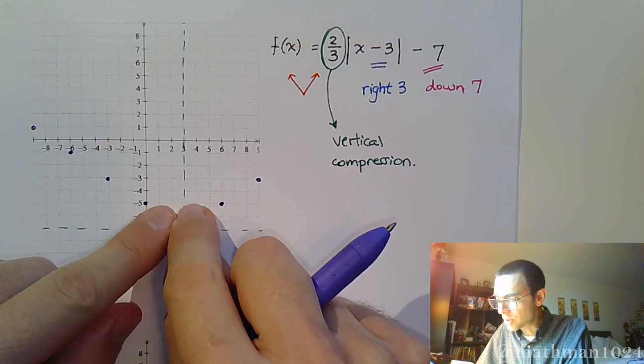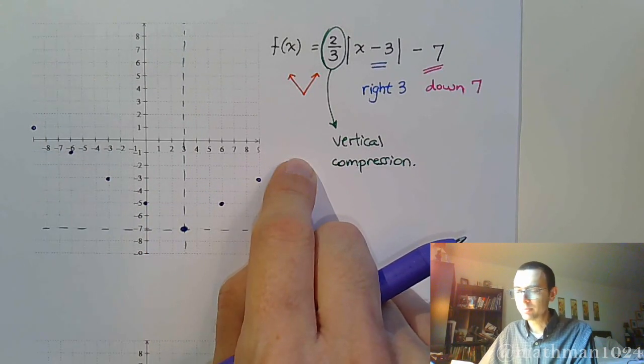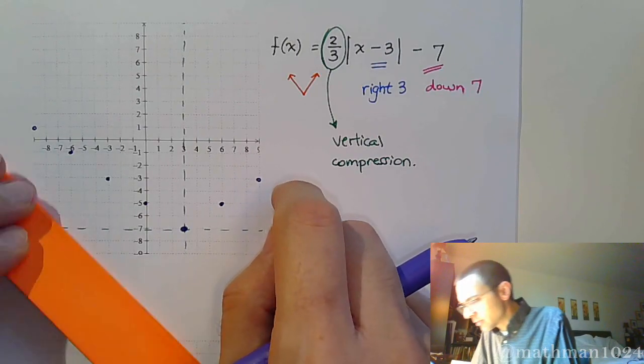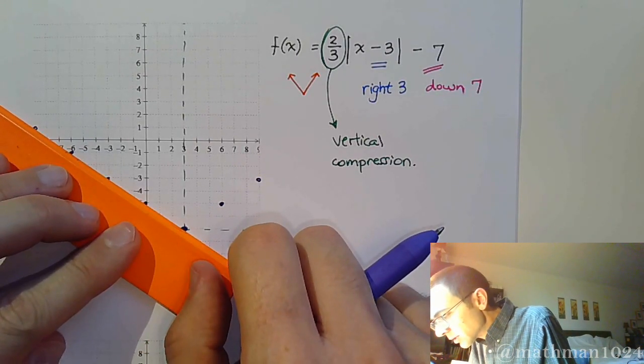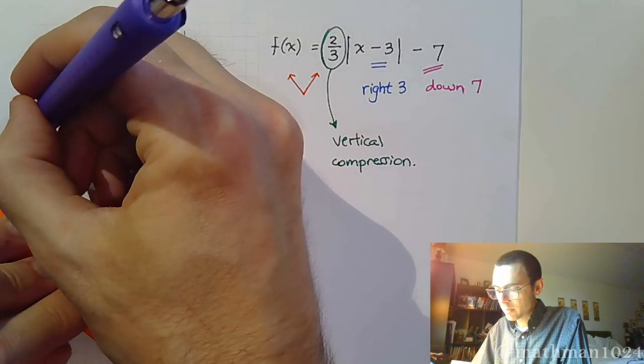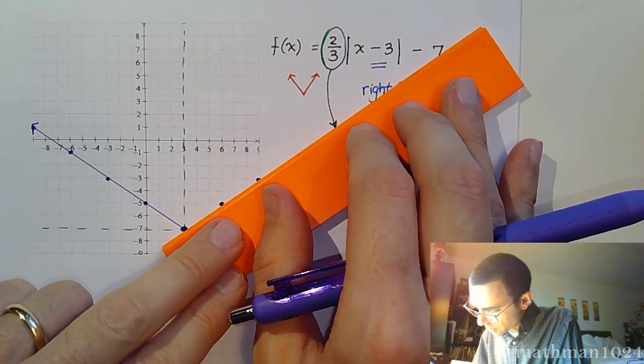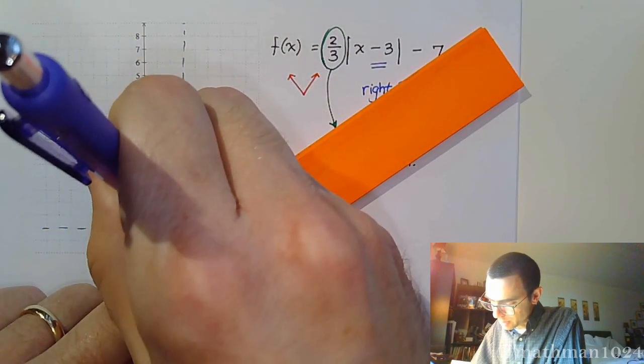So you're going up 2 and out 3, up 2, out 3, and so on and so on. And just to make things a little bit neater, let's connect the dots. And these guys are both their own individual linear pieces.